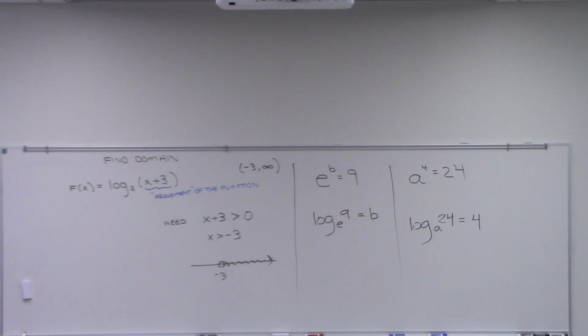Okay, there's the graph of that function. And you can see there's x equals negative 3 in blue. The graph only exists to the right of that, right? The graph only exists to the right of negative 3. All right, next one.